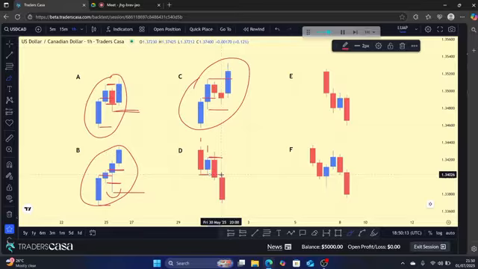So in this case, since we said that we will now be ignoring the first candle and picking the second candle because they have an equal lowest point, then we will be considering the high of this second candle, and so we need a protection of this high.